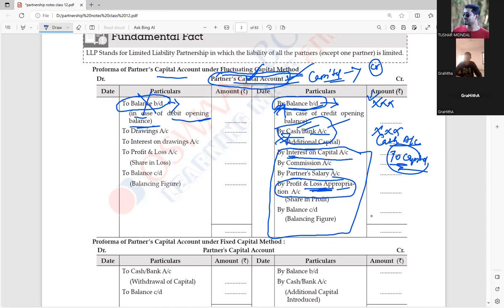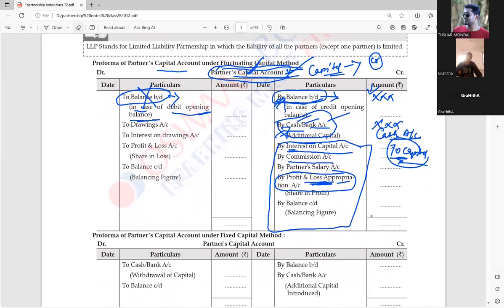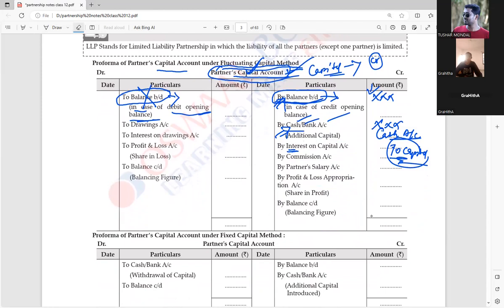Now the opposite: if you have any drawings brought down, that is in an exceptional case, which we have already seen. In any manner, additional capital that you introduce, I have written on the credit side. But if you withdraw your capital, definitely the opposite will apply. If you put in additional capital, that is on the credit side.